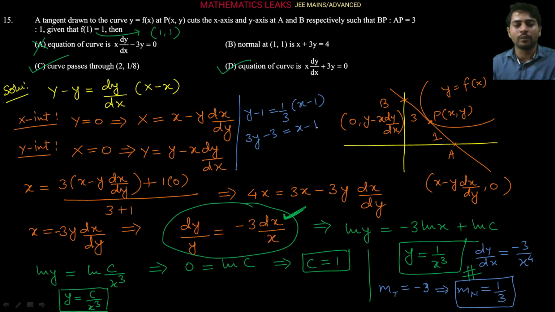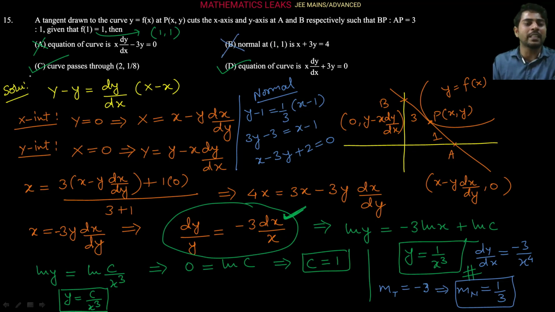So from here we get x minus 3y plus 2 is equals to 0. So you can see the normal at 1 comma 1 given is x plus 3y is equals to 4. We are getting this one correct. So the normal given at point 1 comma 1 in B option is absolutely wrong. So our correct options are C and D. A and B are wrong.